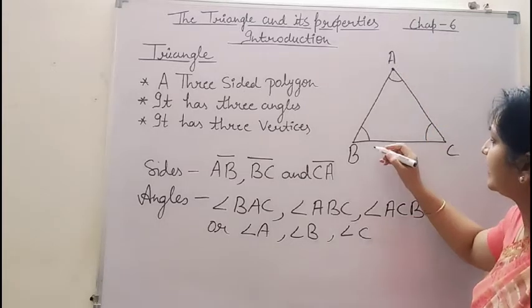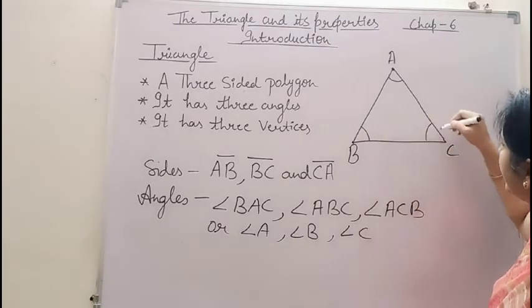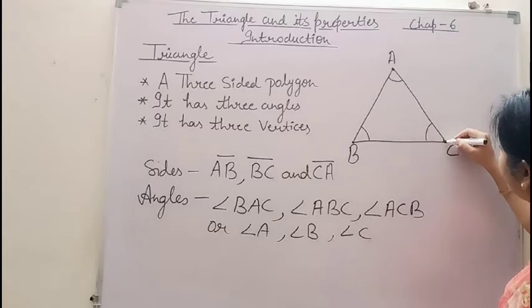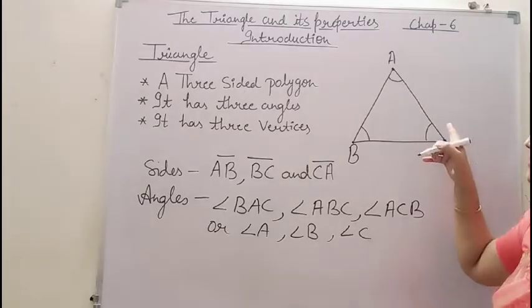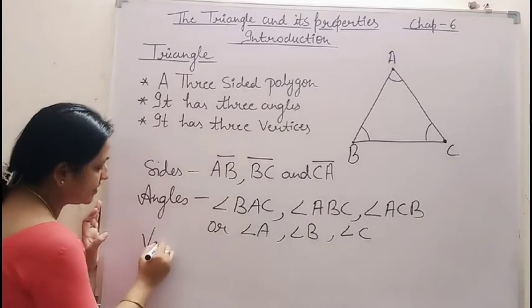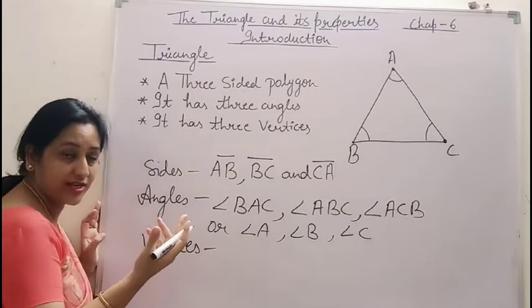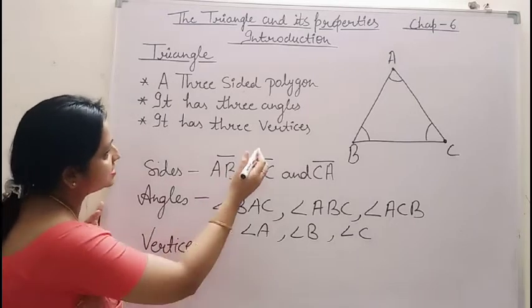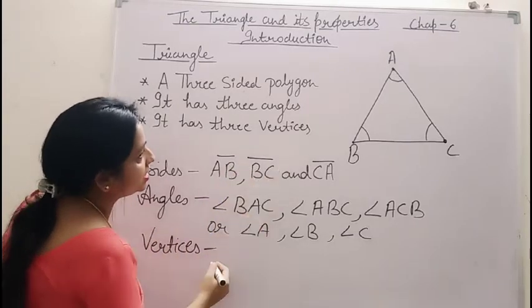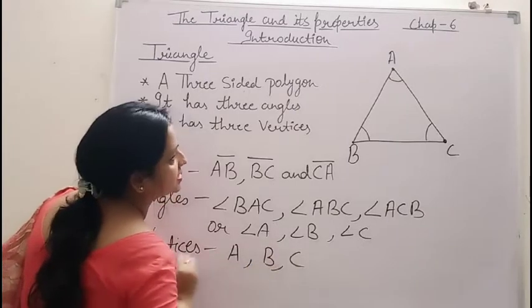Similarly, there are three vertices in the triangle, each where two lines meet. And when there is more than one vertex, we write vertices. So it has three vertices A, B, C.